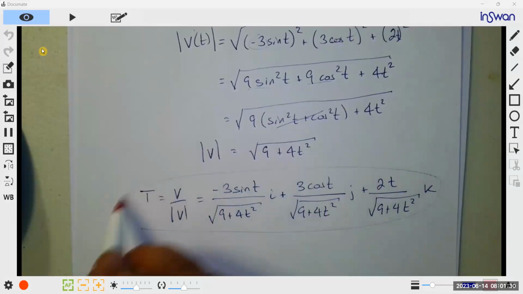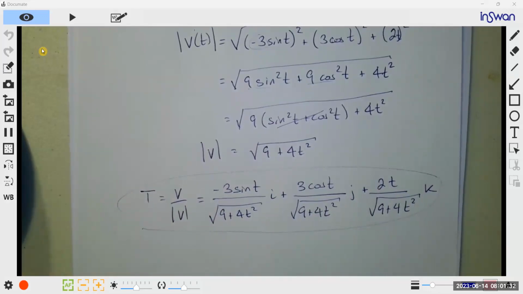So there's our unit vector. Yeah, it's already a unit vector.